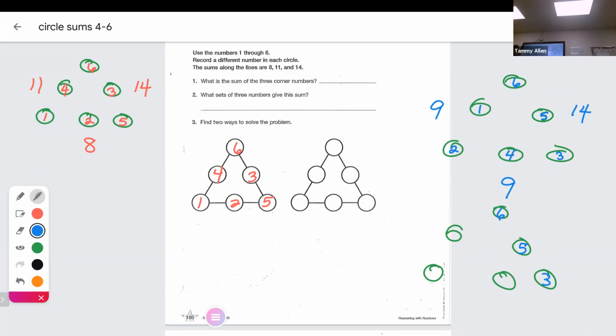To get 8, it could be 3, and then 4 and 1 in the middle. I put 1 in the middle and 4 on the outside, and that would give us 8. The one that we left is 2, which equals 5. So 14 here, 8 here, and 12 here. All right, so we're closer. So let's do another one.